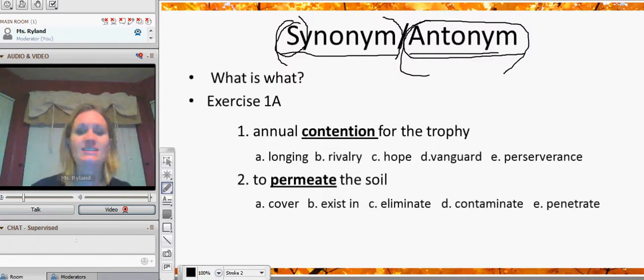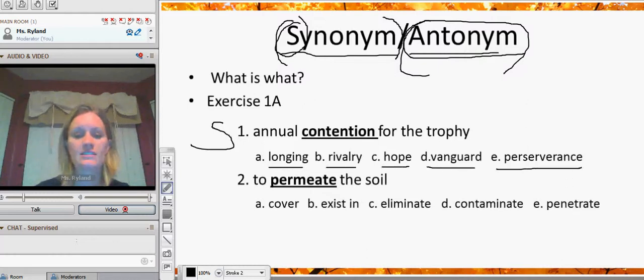So here's an example of it. An annual contention for the trophy. I'm looking for a synonym of this word. We have longing, rivalry, hope, vanguard, or perseverance. Something similar to contention, you'll learn this in Unit 1, does mean rivalry. What about to permeate? I'm looking for another synonym here.